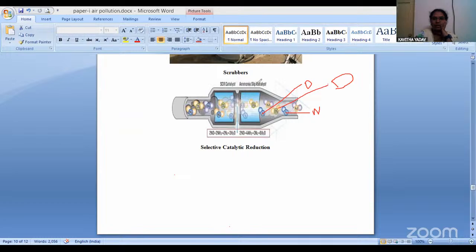Dust particle, ammonia, NH3. These are the catalyst.